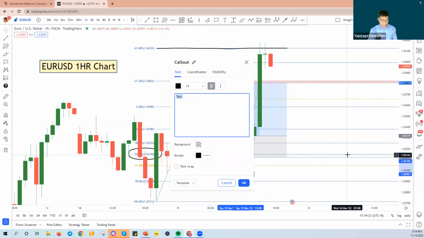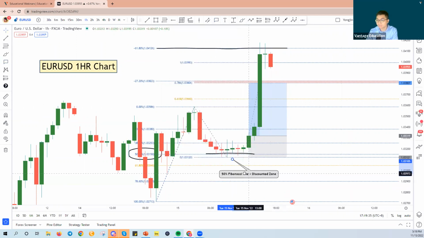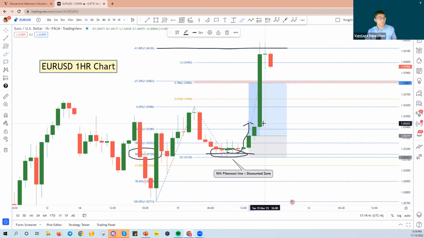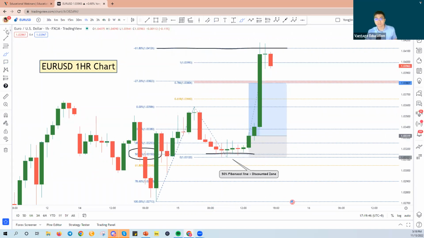So to me, the 50% Fibonacci line equals discounted zone. I like to see price tap into that 50% discount zone before it continues moving up. This just adds confluence to the trade if I am looking for a long.